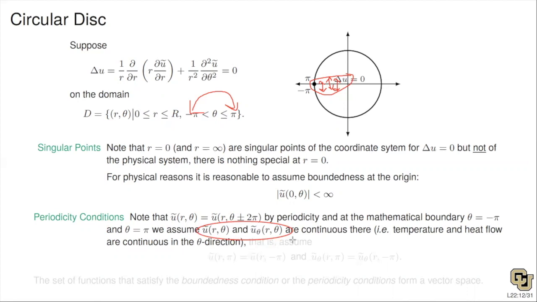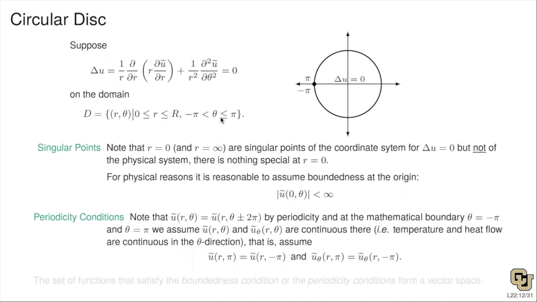You should think about what that is: the spatial change of the temperature as you go around a circle. We assume that the limits from the left and the right with respect to pi are equal for physical reasons. And so that gives us these additional conditions.